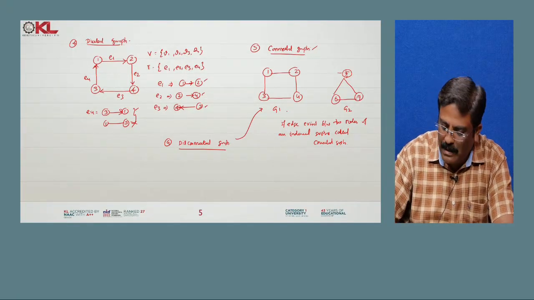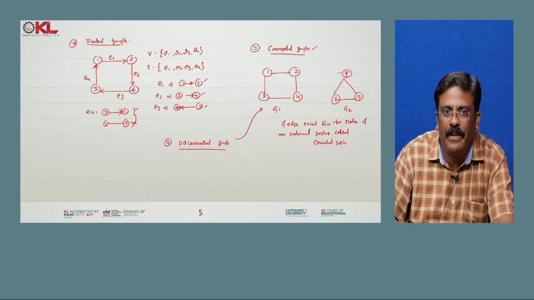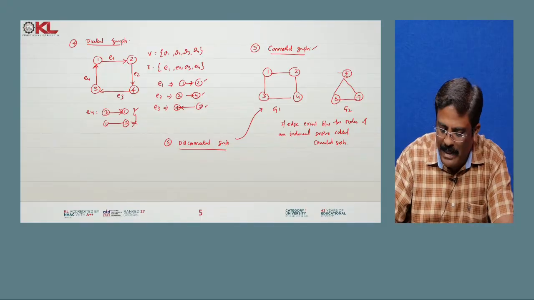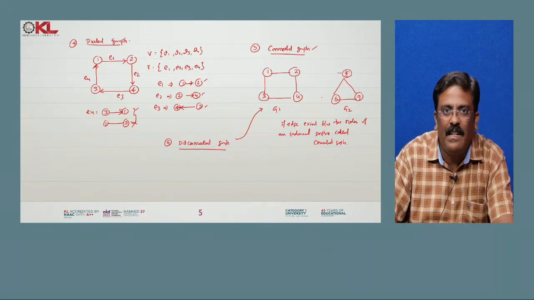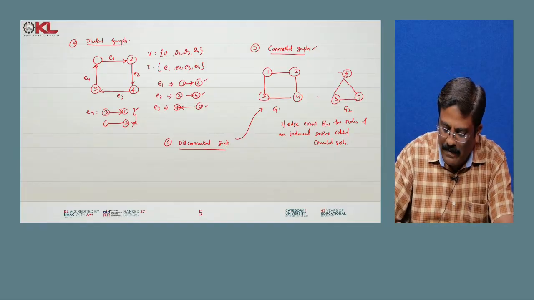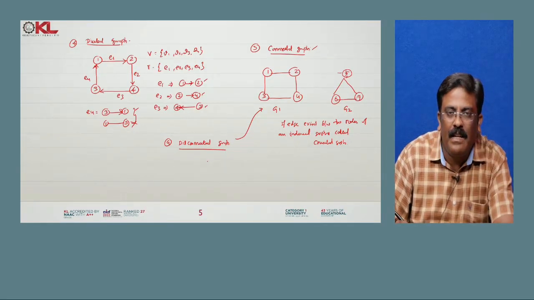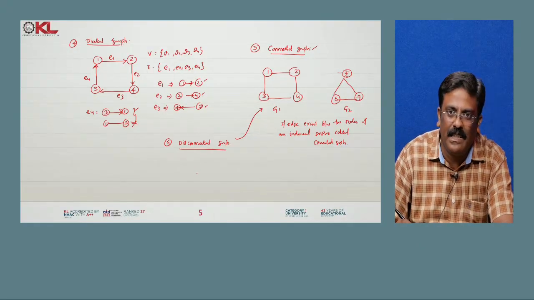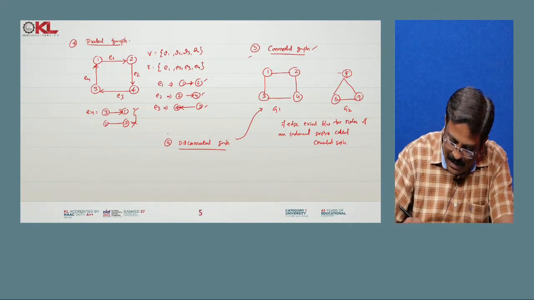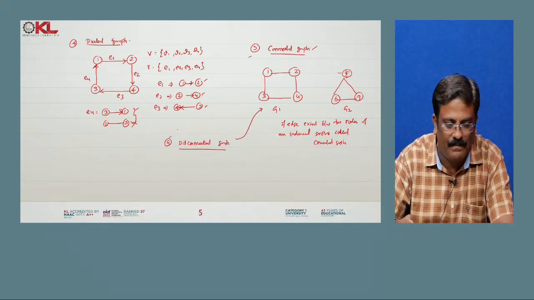If that graph can form two separate graphs when I remove that edge, then we call it a disconnected graph. In a disconnected graph we represent multiple graphs separately, not as a single graph. That is the difference between a connected graph and a disconnected graph.